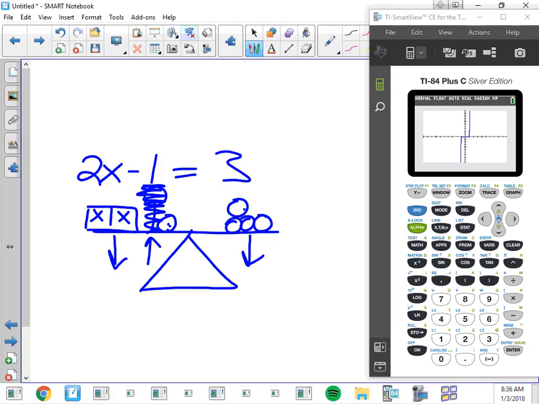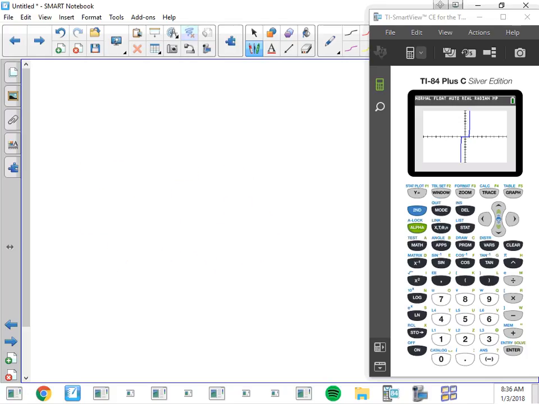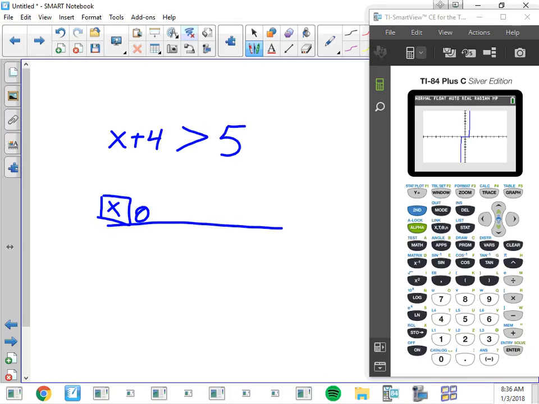Okay, now why do we have to flip the inequality when we divide by a negative? So if I had x plus 4 is greater than 5, what that means is I have an x on one side and 4 rocks, and I have 5 rocks on the other side, but this is not balanced, correct?